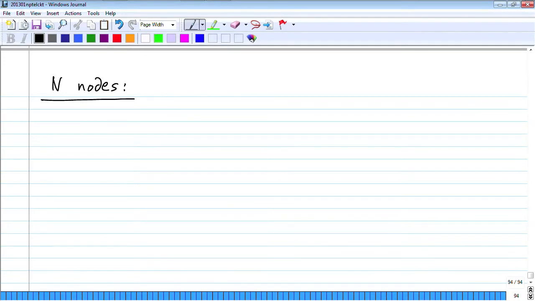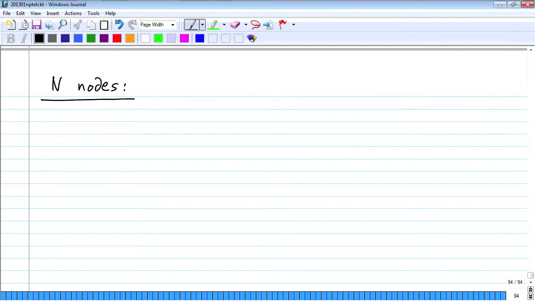Because if you have some dependent equations, they are useless, right? If some equation can be generated as a linear combination of other equations, then that's a dependent equation, meaning it's not telling you anything that the other equations are not saying.